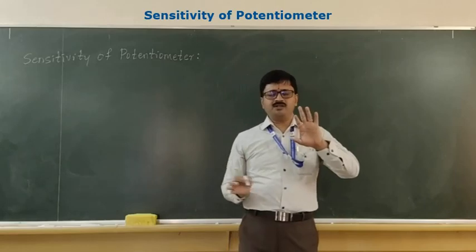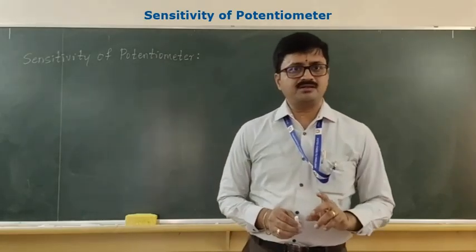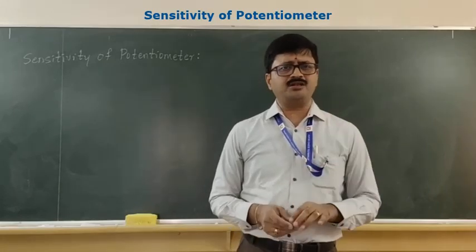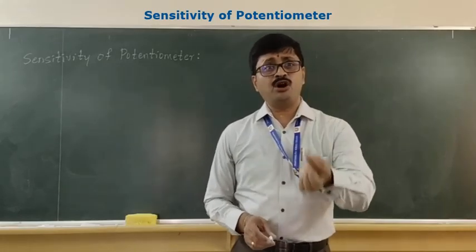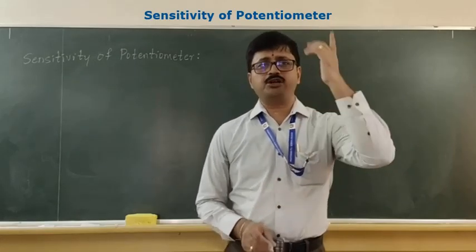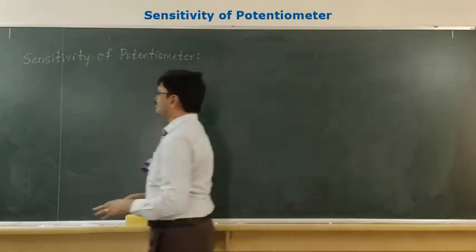Now, potentiometer measures what? Potential difference, right? Or EMF. So definitely sensitivity of potentiometer indicates the smallest potential difference that can be measured by the potentiometer, right? So hence what is sensitivity?